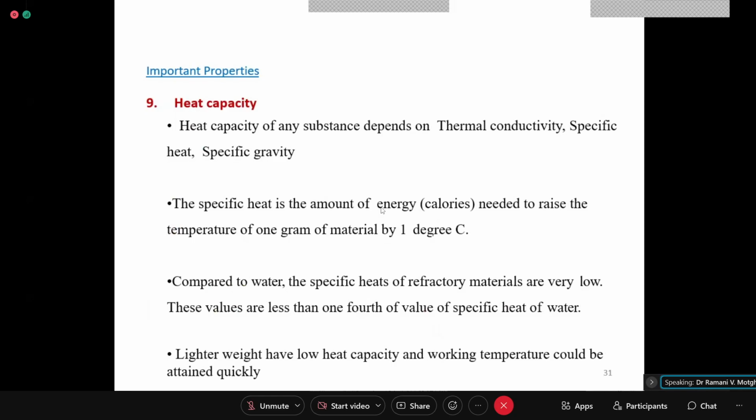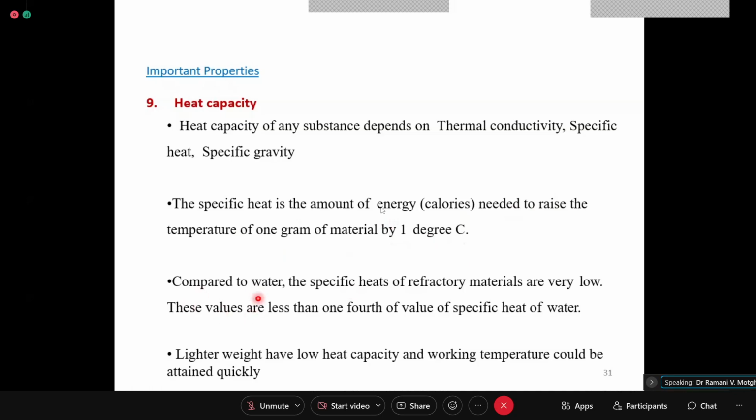Then heat capacity. Definitely the refractory which is lined inside should have high heat capacity. Once it is heated, it should remain inside the furnace, right? So heat capacity of any substance depends on thermal conductivity, specific heat, and specific gravity. The specific heat is the amount of energy needed to raise the temperature of 1 gram of material by 1 degree centigrade.